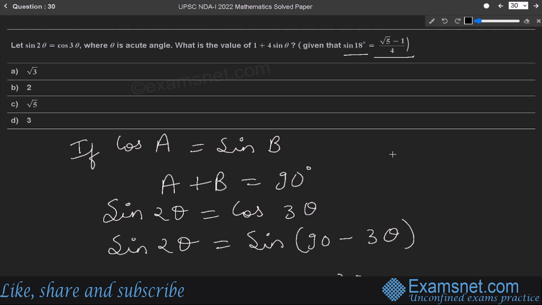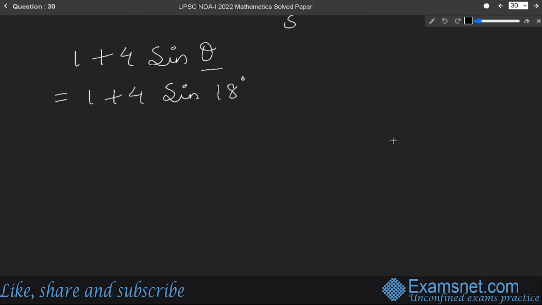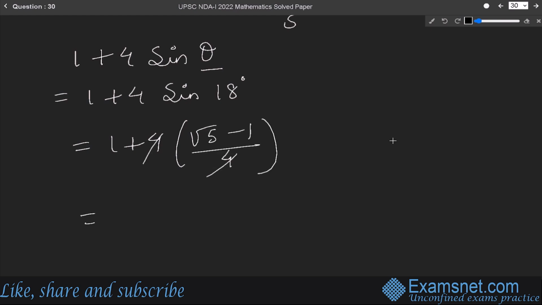So we will put this value: 1 plus 4 times (√5 minus 1) upon 4. So this 4 and 4 will be cancelled. So remaining will be 1 plus √5 minus 1. So the final answer is √5.